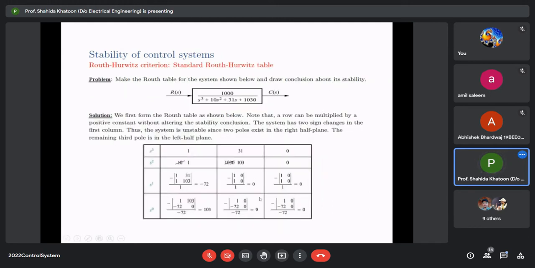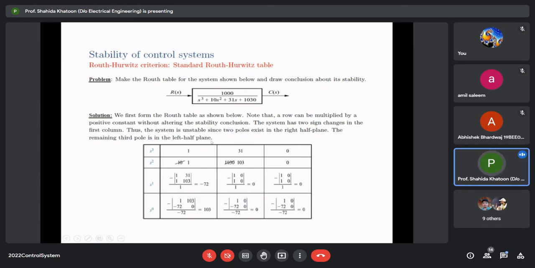So let us take a numerical problem and try to solve the system using Routh's table. Suppose this is the polynomial: 1000 upon s^3 plus 10s^2 plus 31s plus 1030. Try to form the Routh table and then find out the stability of the system. You start from s^3, then s^2, s^1, s^0.